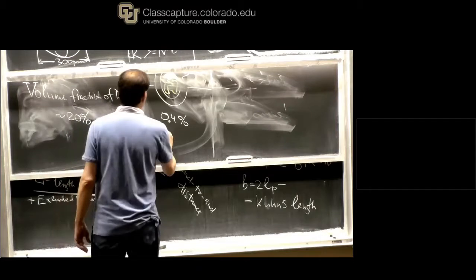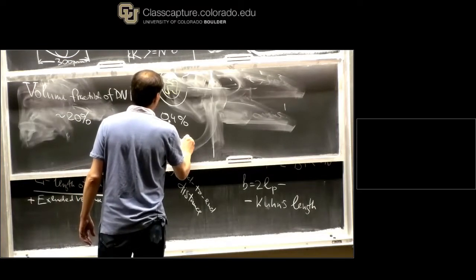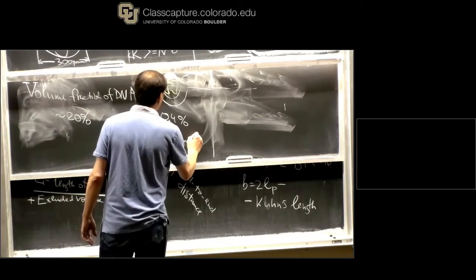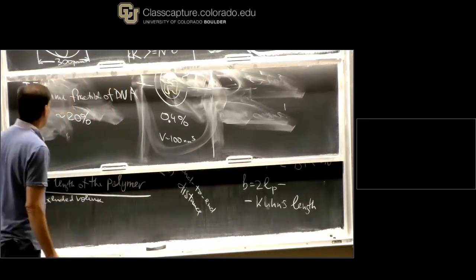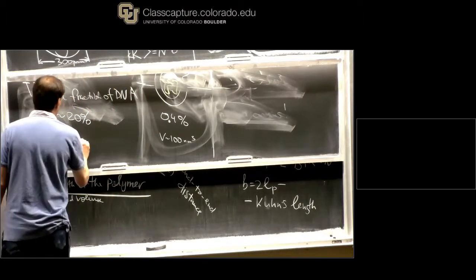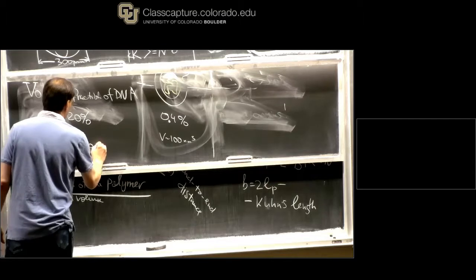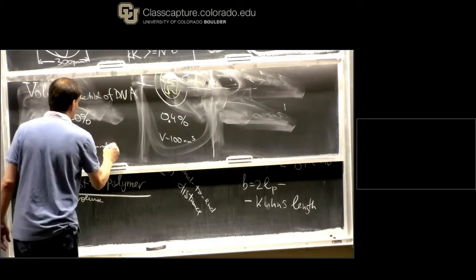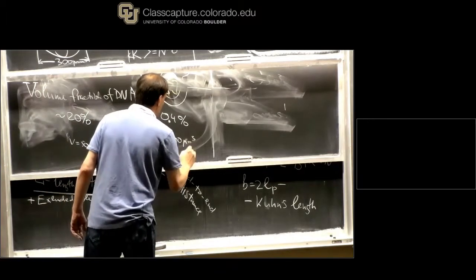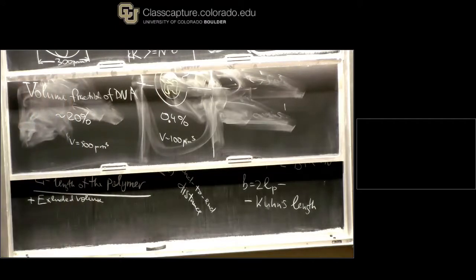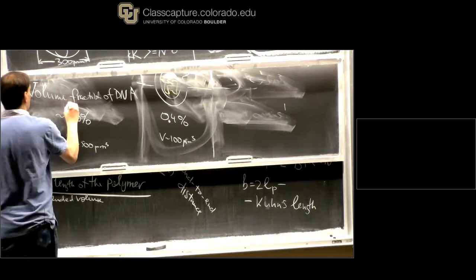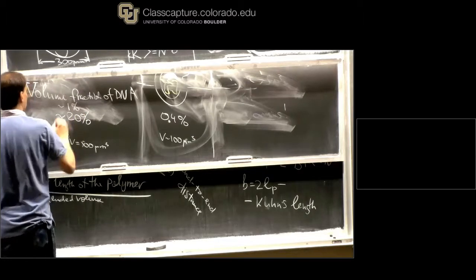So the volume of this, of the 100 cubic nanometers. Here the volume is like 500 cubic microns. Okay, 1%, okay.